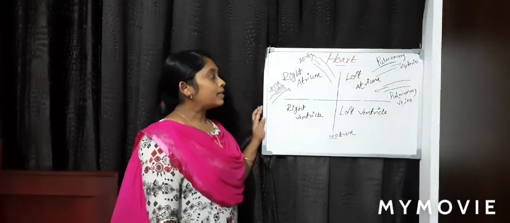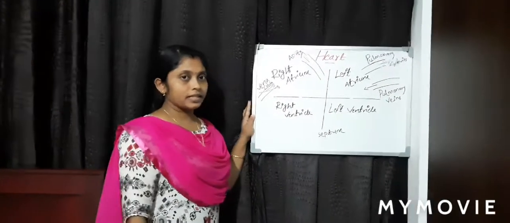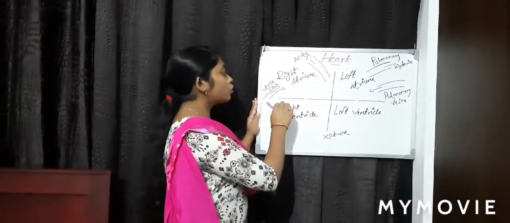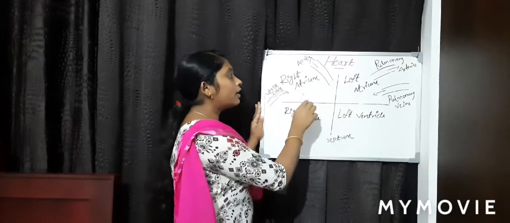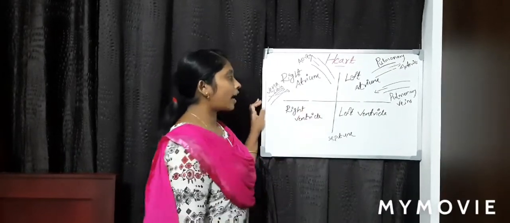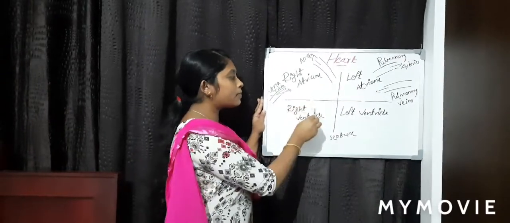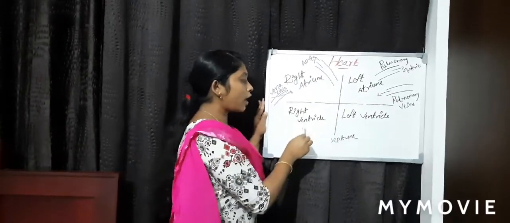The deoxygenated blood comes from the different parts of our body through the vena cava into our right atrium. From the right atrium, during the contraction, it is pumped into the right ventricle.